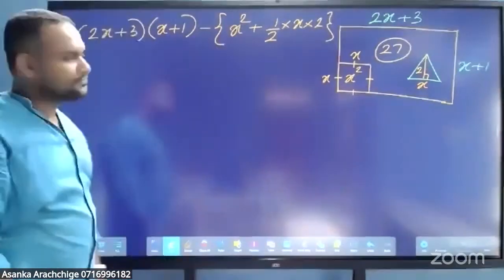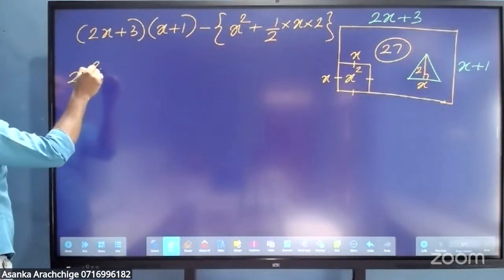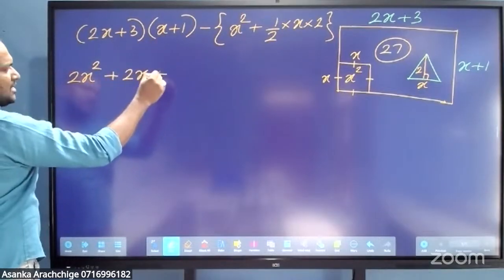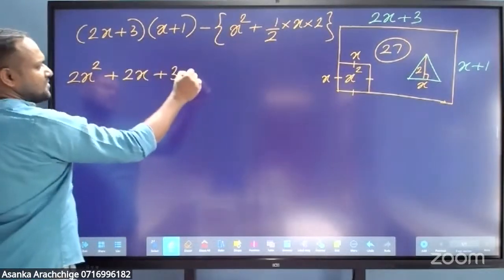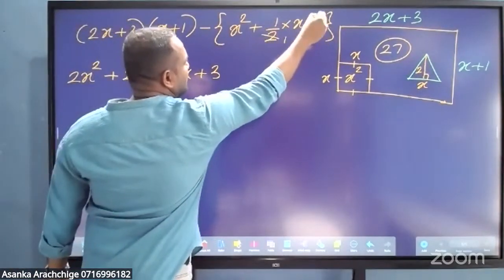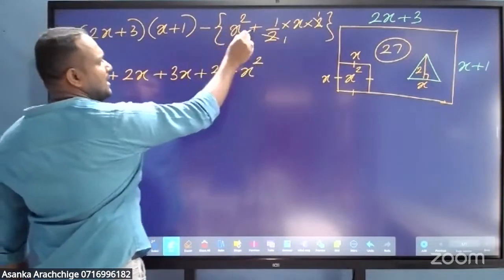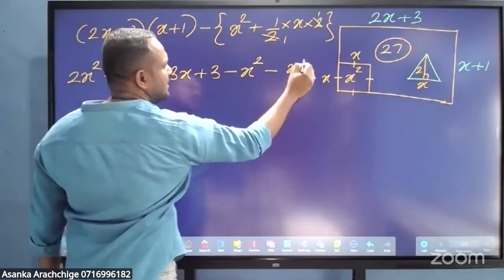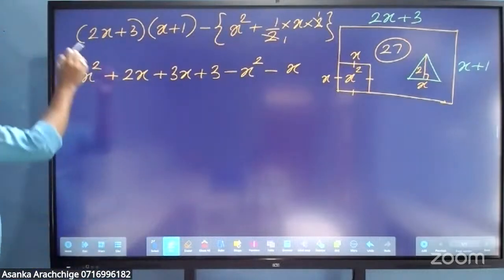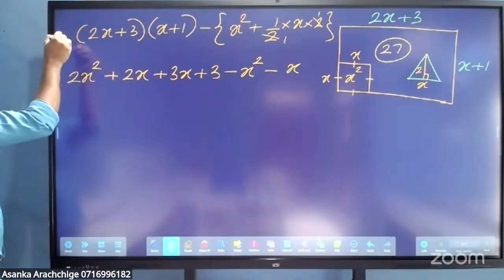Is that clear? Then 2x times x, 2x squared, 2x times 1, plus 2x, plus 3 times x, 3x, plus 3 times 1, plus 3. Here the 2 can be cancelled. Minus x squared, minus x. This is the remaining area.